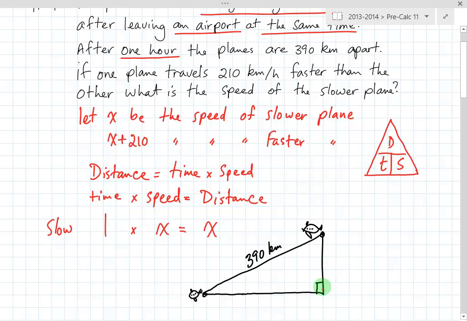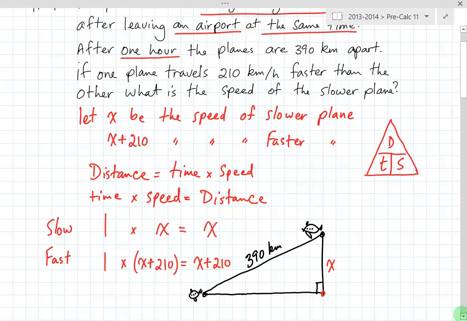The slow one leaving the airport at a right angle to the other one travels x kilometers in 1 hour. Now the fast one has 1 hour to travel what distance? x plus 210. So the distance that this one travels is x plus 210.